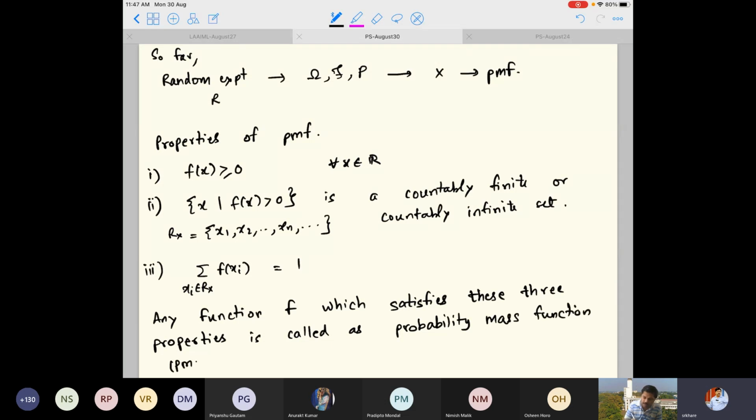It is often abbreviated as PMF, or it is called a discrete density.